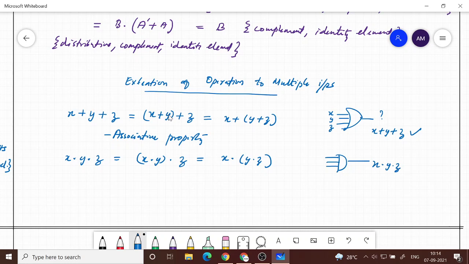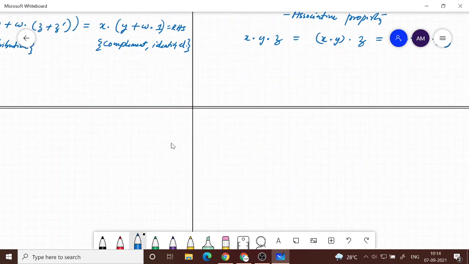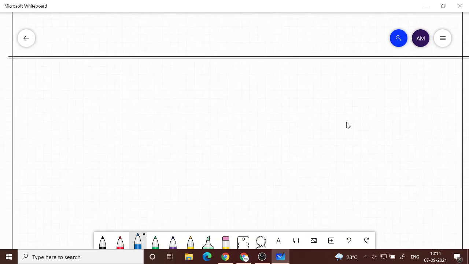Now the question is, what about other operations? We don't have a symbol for other operations, like for example the NOR operation. We have listed out all the 2 variable Boolean operations. There were 16 of them, and if you look at, for example, x, y, and then a function of x and y, which is equal to x plus y the whole bar.